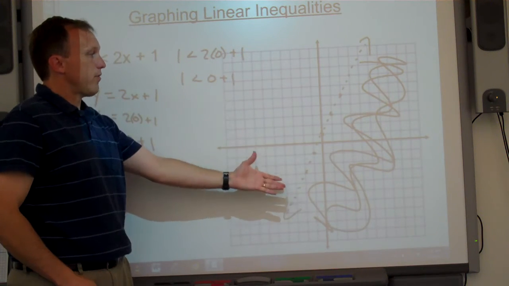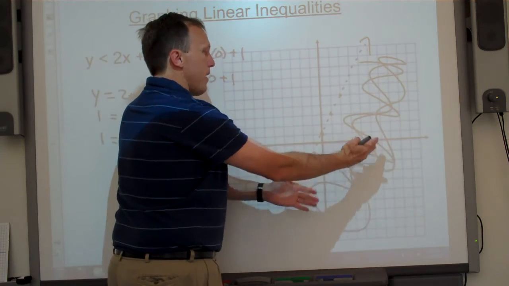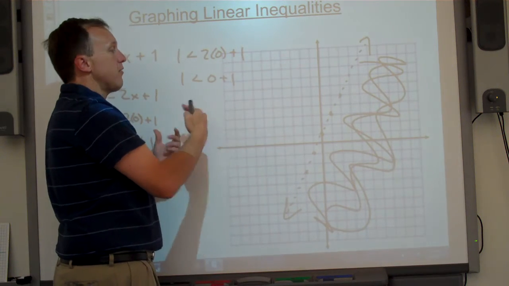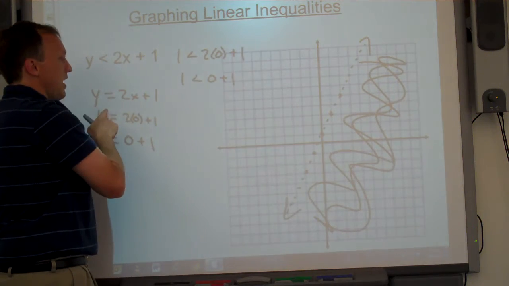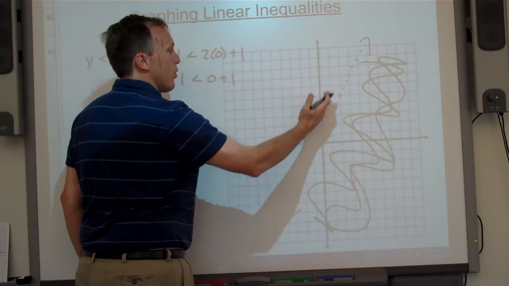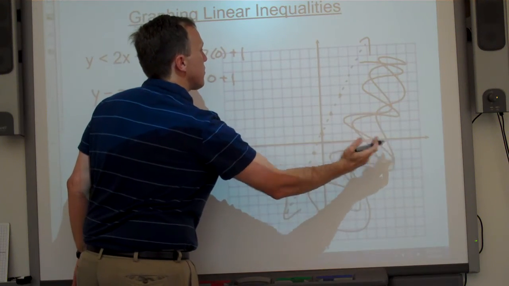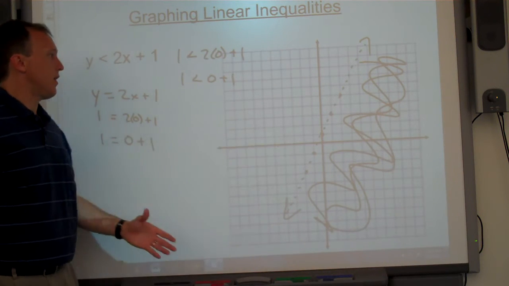And again, what this signifies is that all of the points on this side of the line make it true. All of the points on this side of the line make it false. And because it's less than and not equal to, the points that make the line itself also don't work, but we need this as a boundary, because everything this way works. Okay? And so that's how we graph a linear inequality.